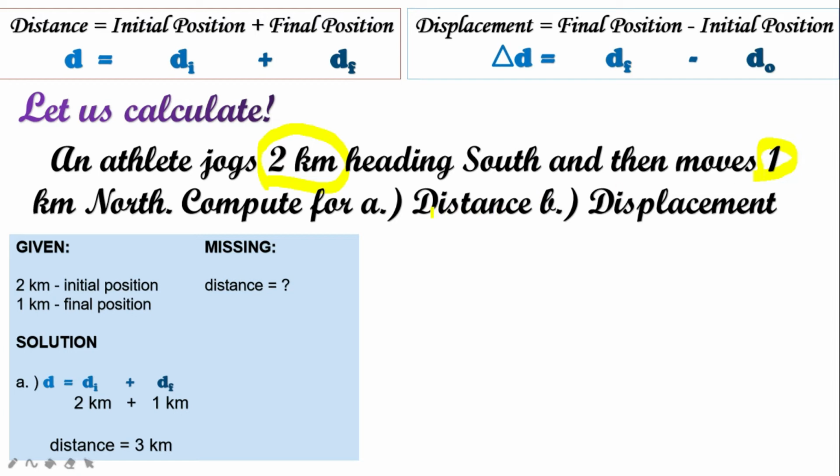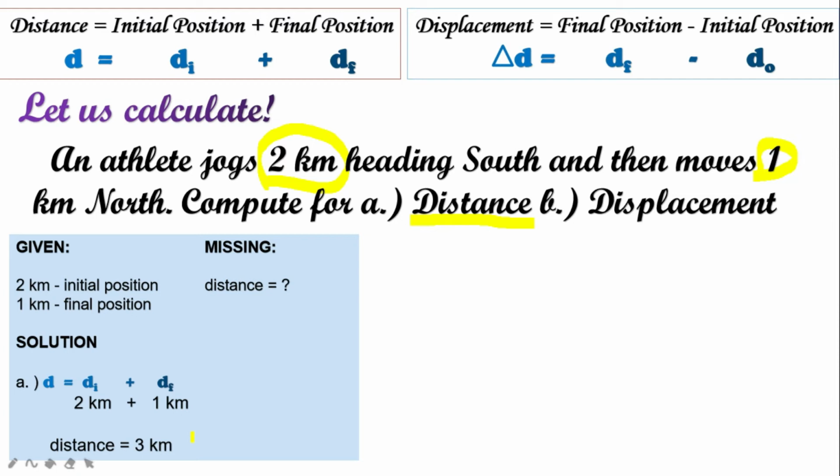For the formula number 1, for the missing data, we will look for the distance. So solution, of course, we will use d is equal to di plus df. All right, initial position 2 kilometers plus 1 kilometer, so the total distance is equal to 3 kilometers.